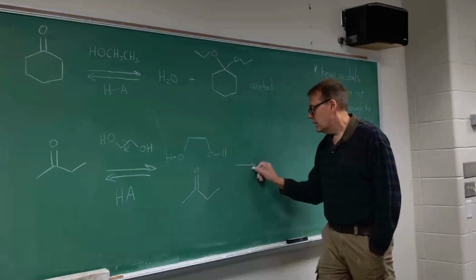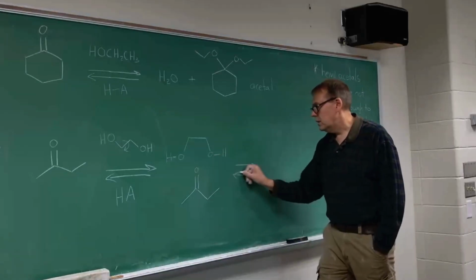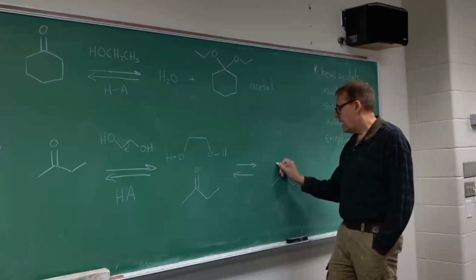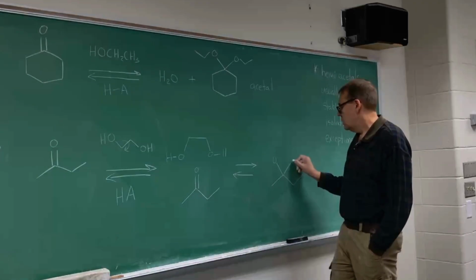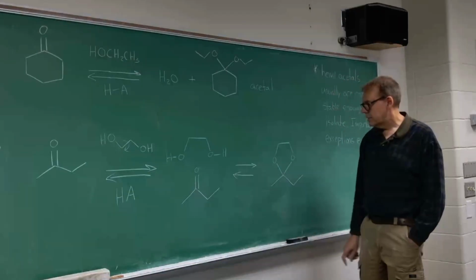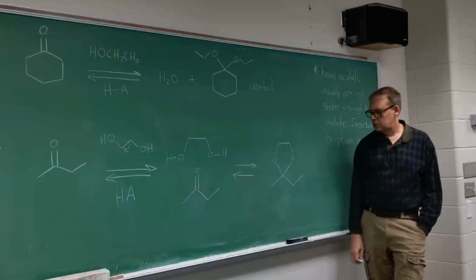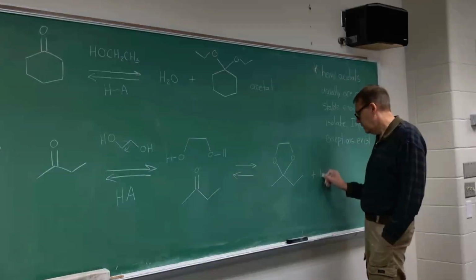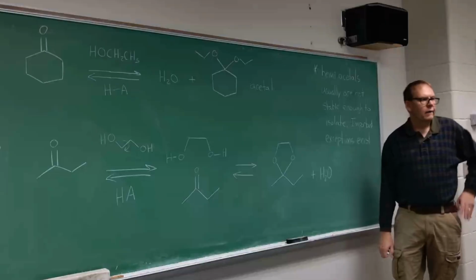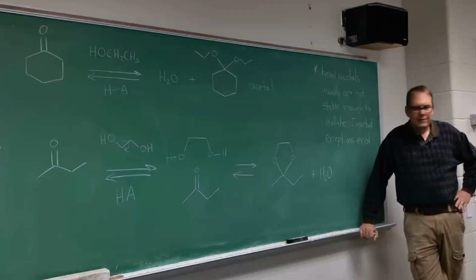And so what you get out after the hemiacetal intermediate is a molecule where you've added these two alcohols from the diol, and you make a cyclic acetal and water. Kind of wild, huh? Cyclic.